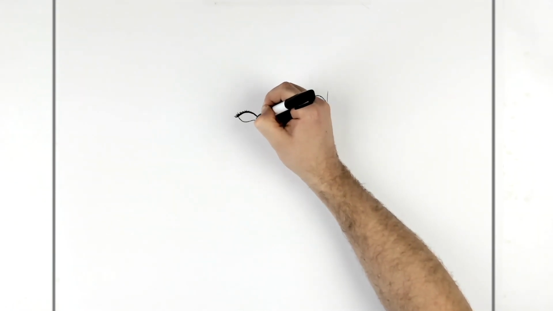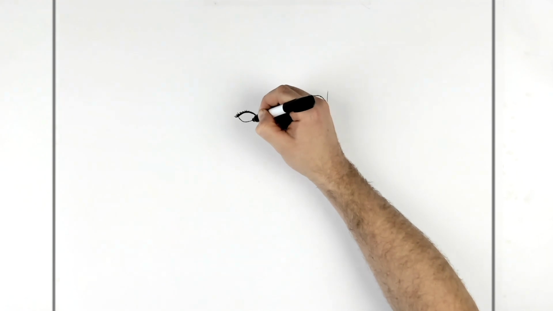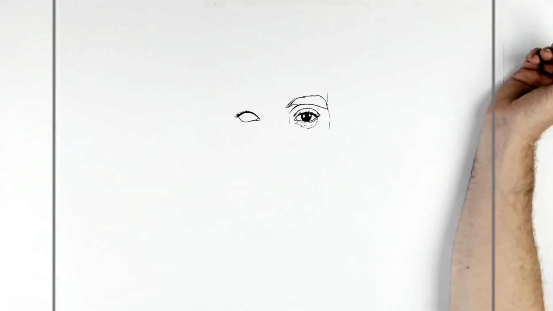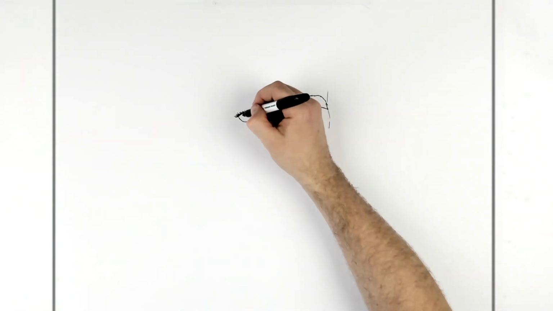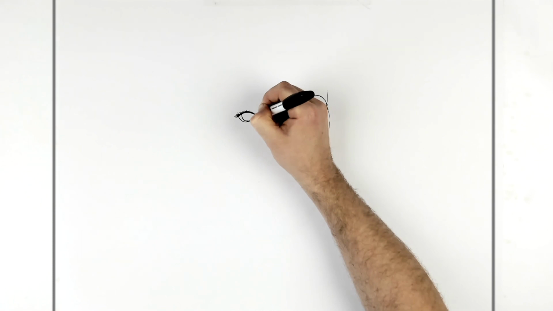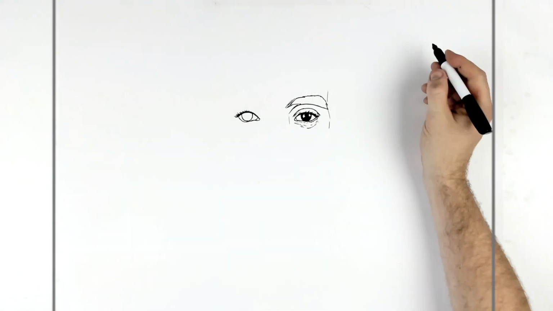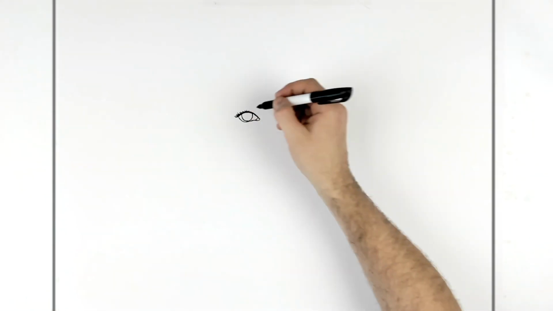Curve around and then up into the tear duct again. Like so. And then iris and pupil. If you want to go for brown eyes, you can. You can draw in this pupil in the center. But in every photo I could see of him, it's just dark black.